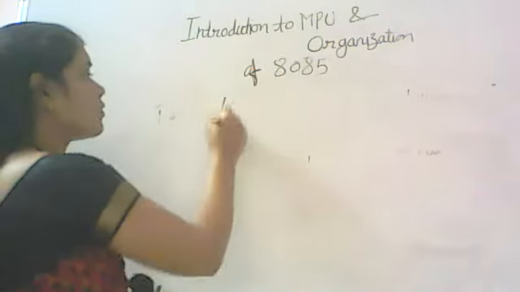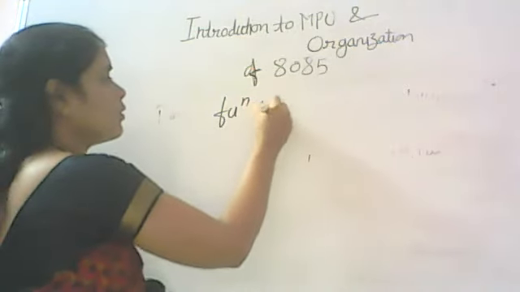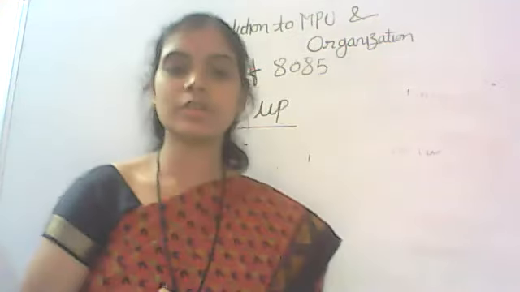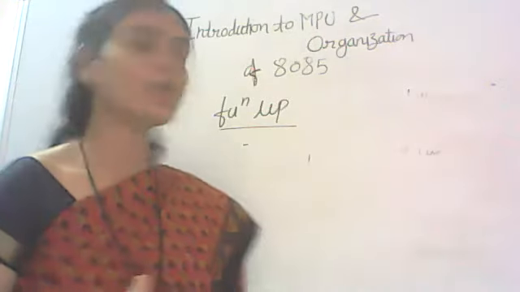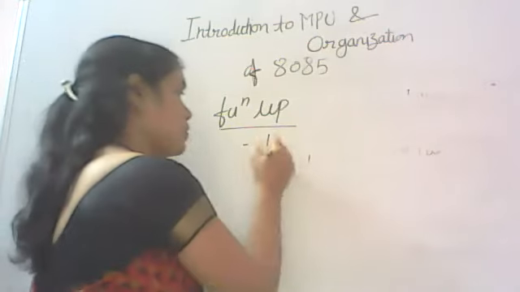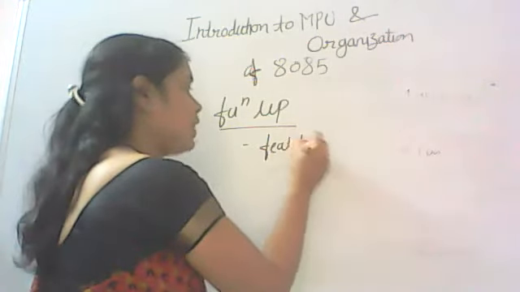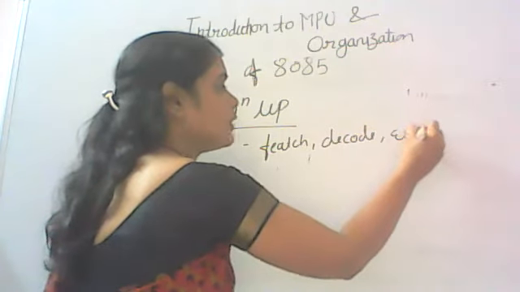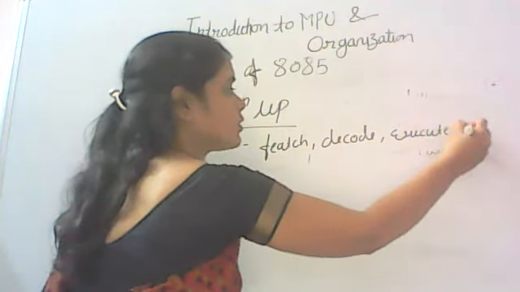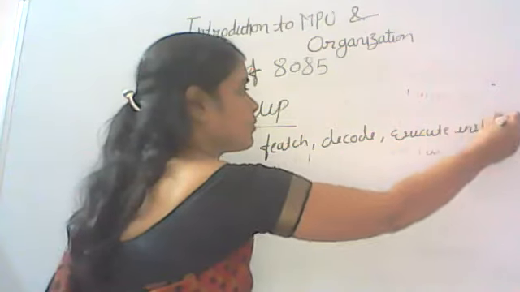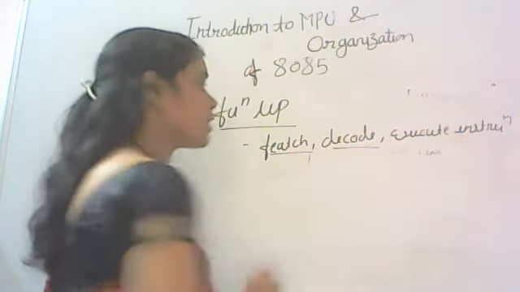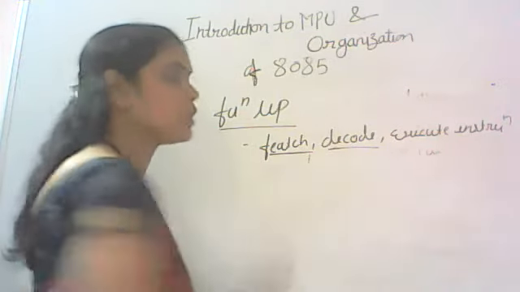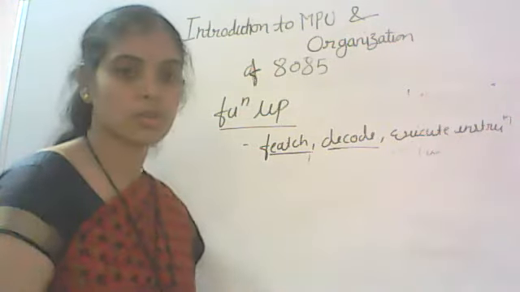Now after that we see the functions of microprocessor. First function, microprocessor fetches, decodes and executes instructions. माइक्रोप्रोसेसर क्या करता है, इंस्ट्रक्शन को फेच करता है, डिकोड करता है और क्या करता है, एग्जीक्यूट करता है.